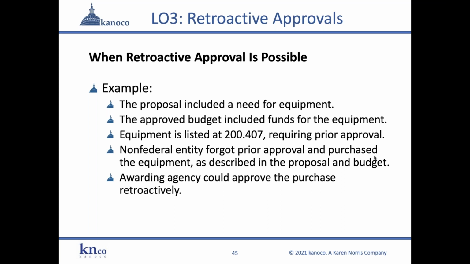No, you cannot have the Tesla or the Ford or the Cadillac Escalade. You get the Ford Escort like everybody else. So that prior approval for equipment is there to give the federal agency a last bit of effort to make sure that the non-federal entity is making good, reasonable purchase decisions.